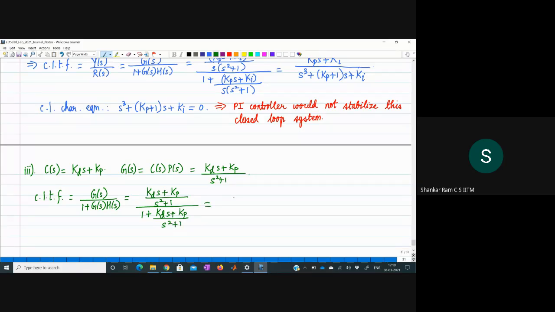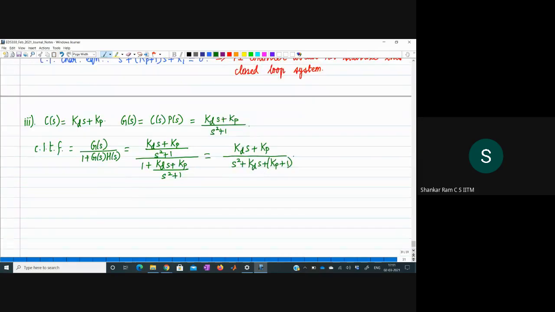If we take the LCM, we are going to get KDS plus KP divided by s squared plus KDS plus KP plus 1 in the denominator.